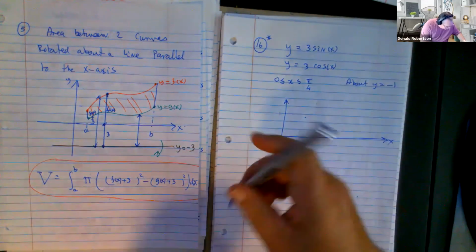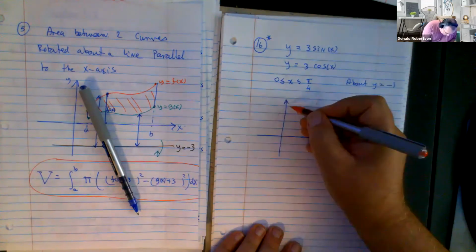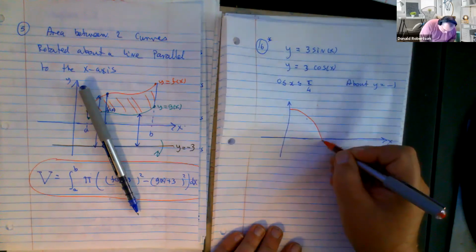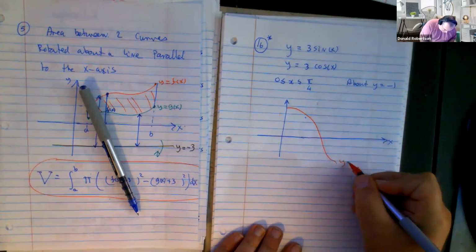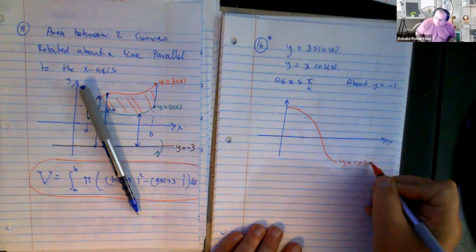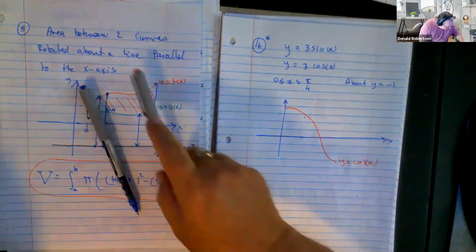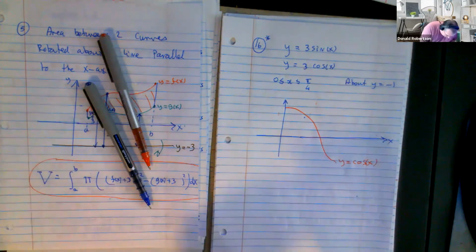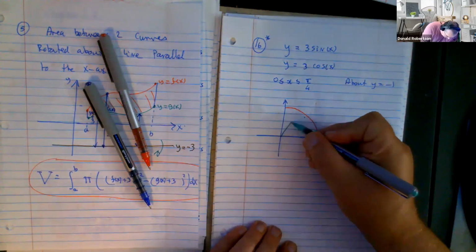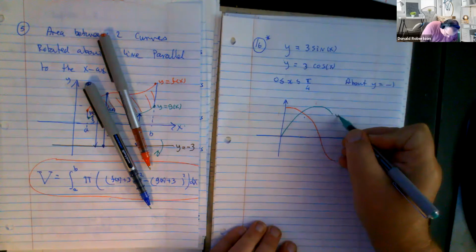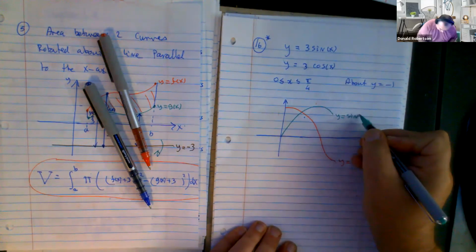Are you okay with that as being part of cosine x? I don't need to draw the whole thing. And if I go green, are we okay with that being part of sin x?